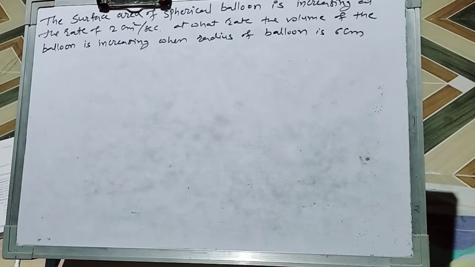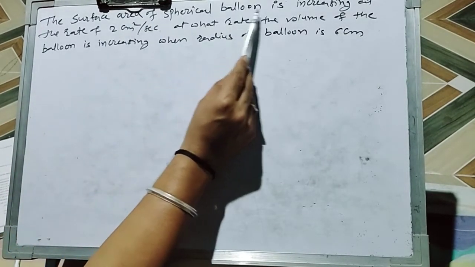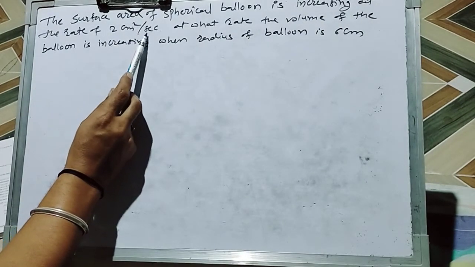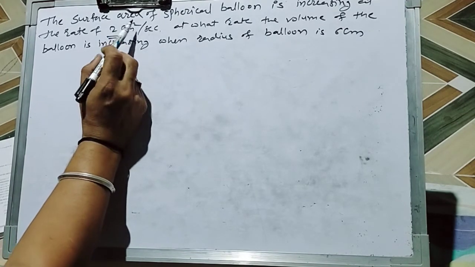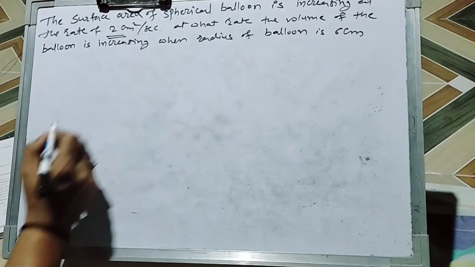Now consider another example. The surface area of a spherical balloon is increasing at the rate of 2 centimeter square per second. It means here the given rate of change in surface area is 2 centimeter square per second.